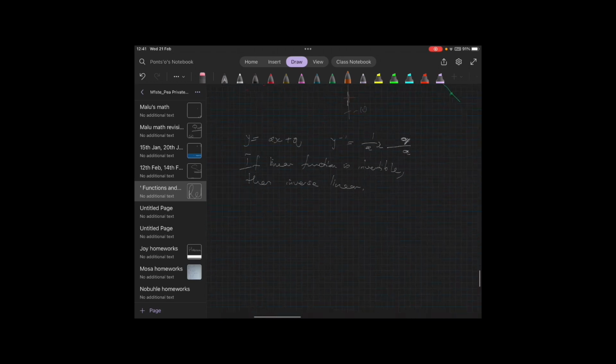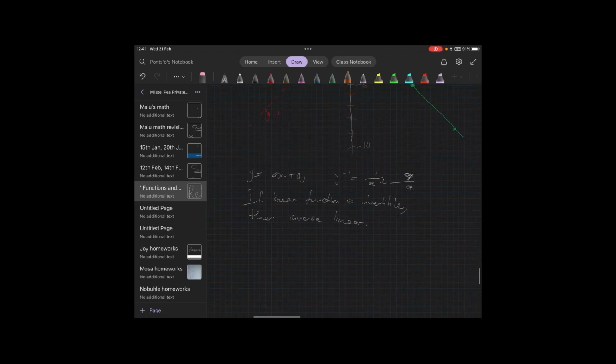Another important thing when we are dealing with these inverses, it's important to note that a can never be equal to 0. Why do you think that's important? Because a is the gradient. Yes, it is a gradient, but if it equals 0, what would happen to the inverse function?